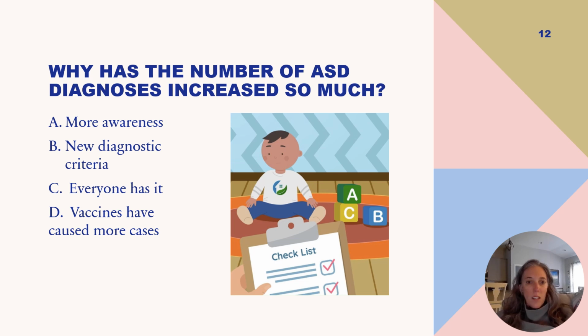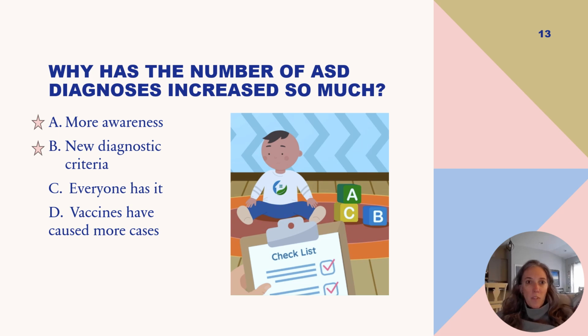And the answers here are A and B. So autism, the prevalence has increased a lot. Some people believe due to just more awareness of parents and medical providers. They're all paying more attention and intervening early. A lot of pediatricians are performing autism screeners at various ages.